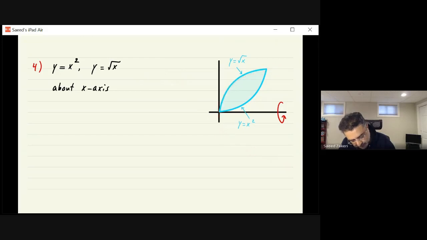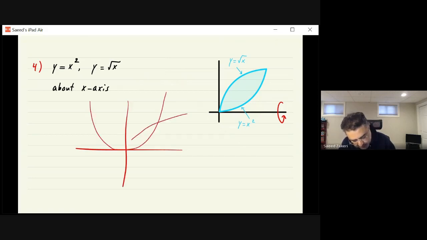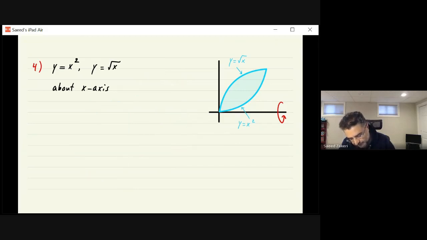So in other words, if I were to graph this thing on my scrap paper, I would see a parabola, y equals x squared, and I would see something like this, which is y equals square root of x, and the region bounded by them is this area.